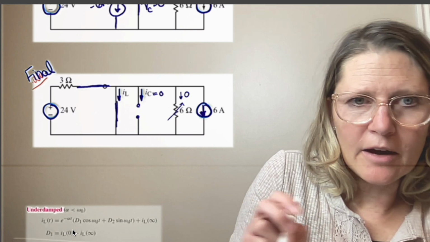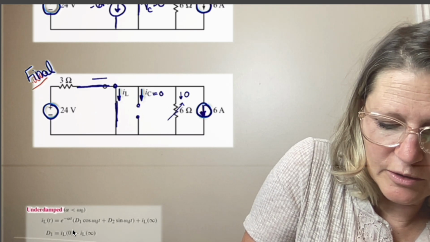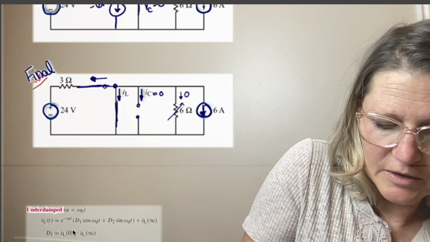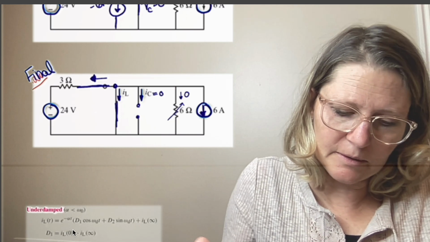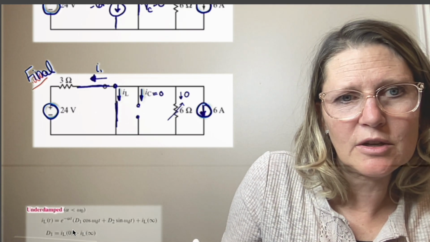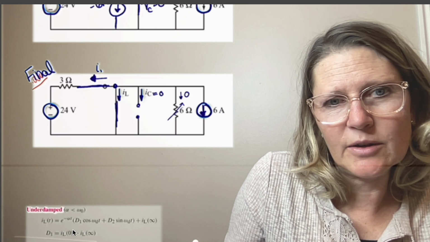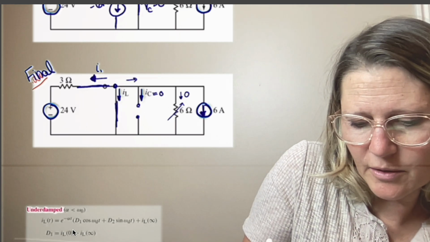And I guess we could do a node summation there. So we need to know what I1 is, and then IL, and then you have 6 amps going this direction.